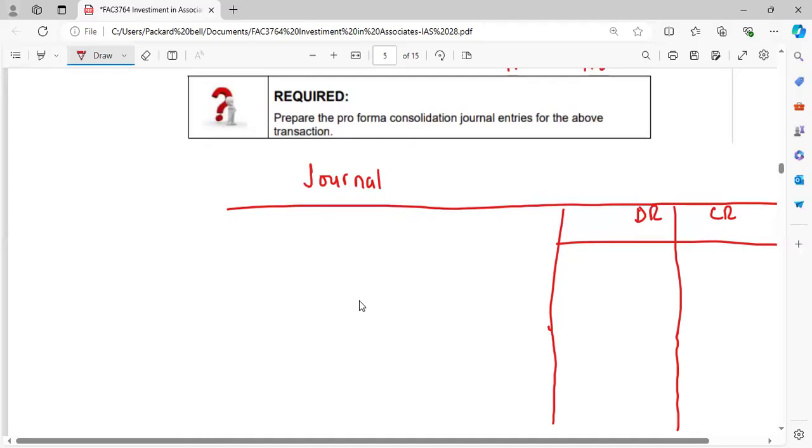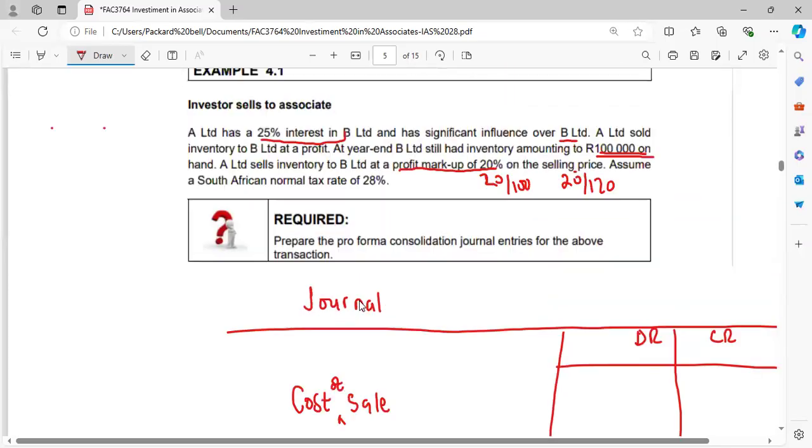Okay, so which means we are going to debit cost of sales. Cost of sales for who? Cost of sales for the investor, which is A Limited. A Limited is the investor, and we want to reduce.